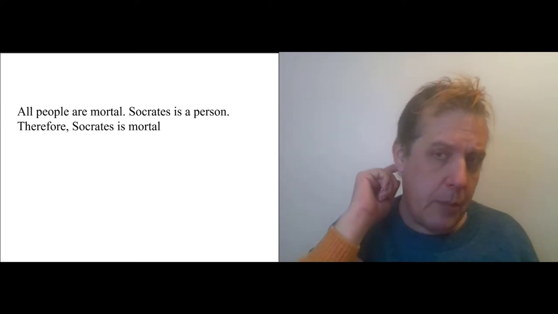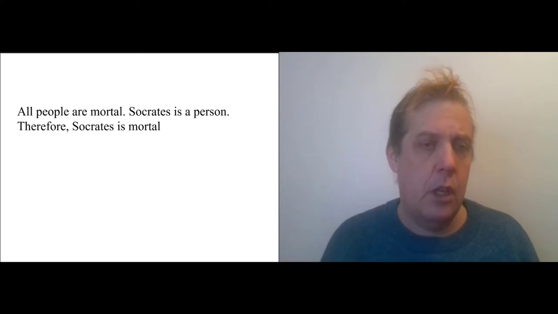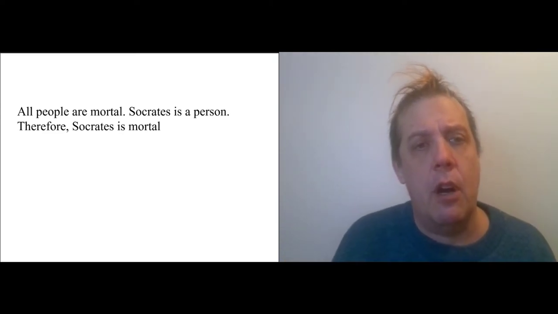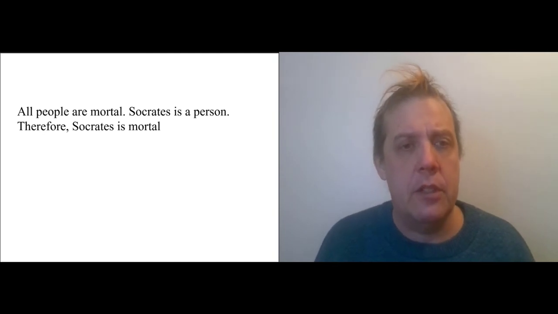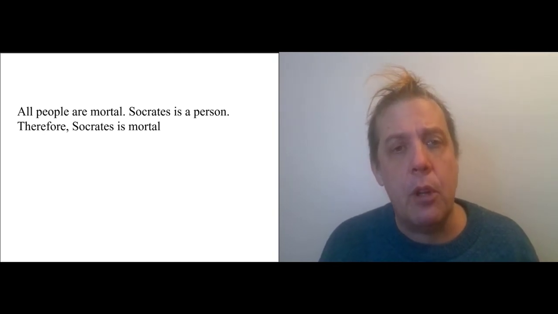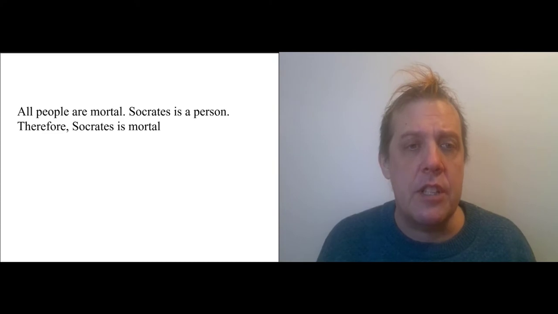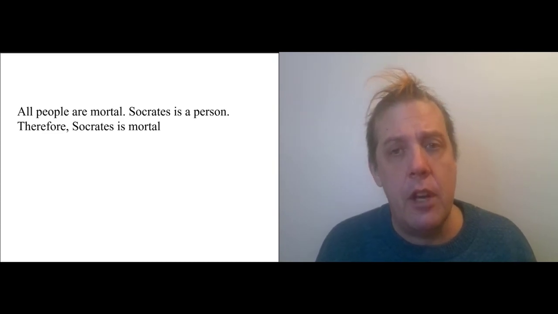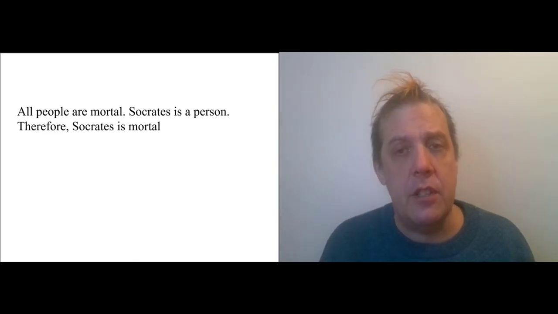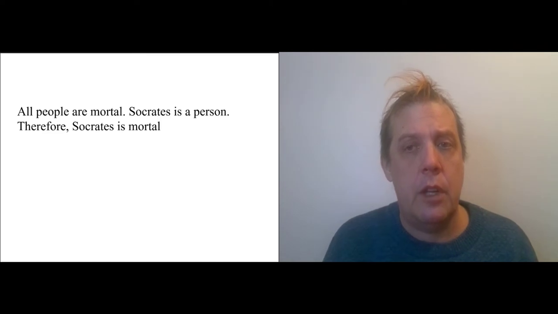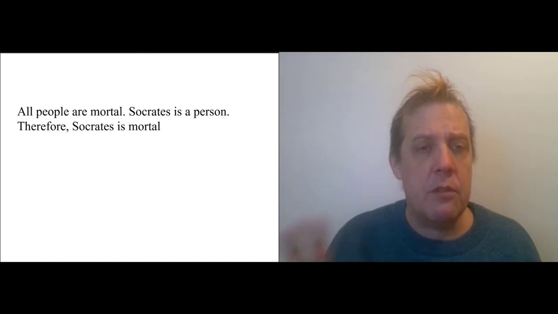Now think about an argument like this. Standard classic example of a deductive argument. All people are mortal. Socrates is a person. Therefore, Socrates is mortal, right? This is an argument with two premises.